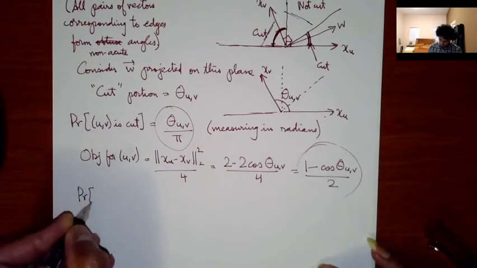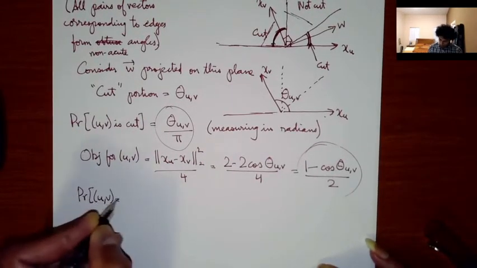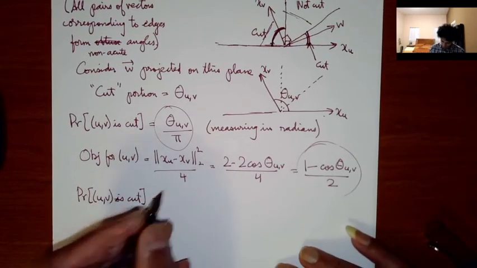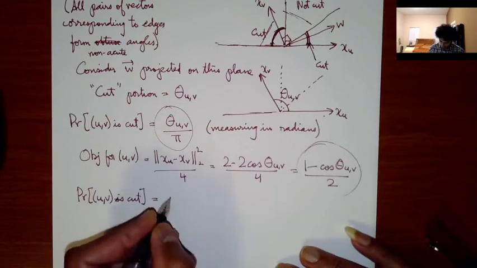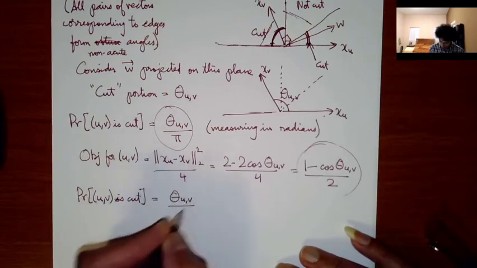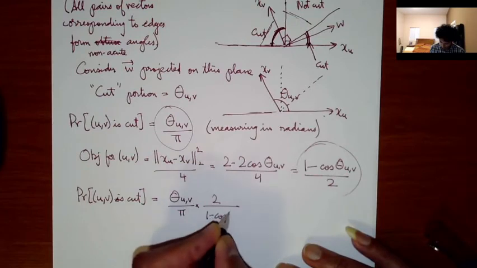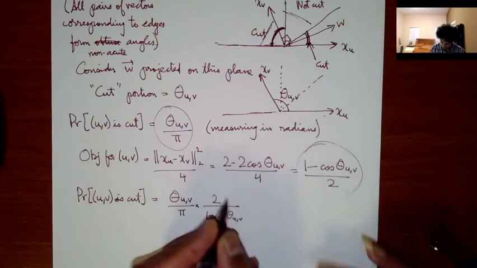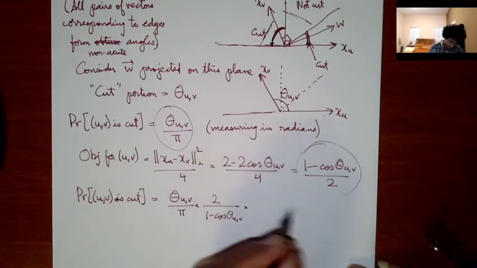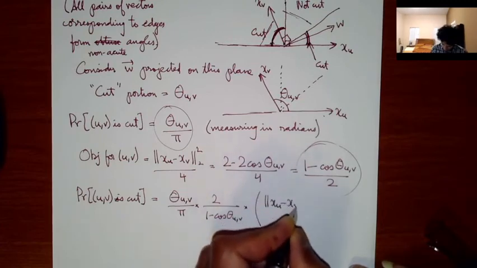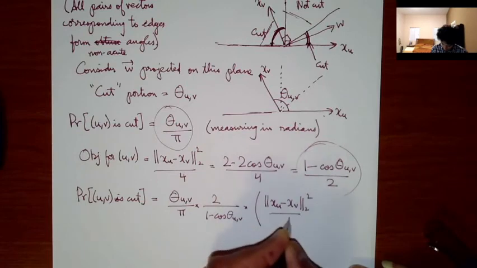I will just rewrite this as follows. The probability that UV is cut is equal to theta UV divided by pi times 2 divided by 1 minus cos theta UV, times xu minus xv squared divided by 4.